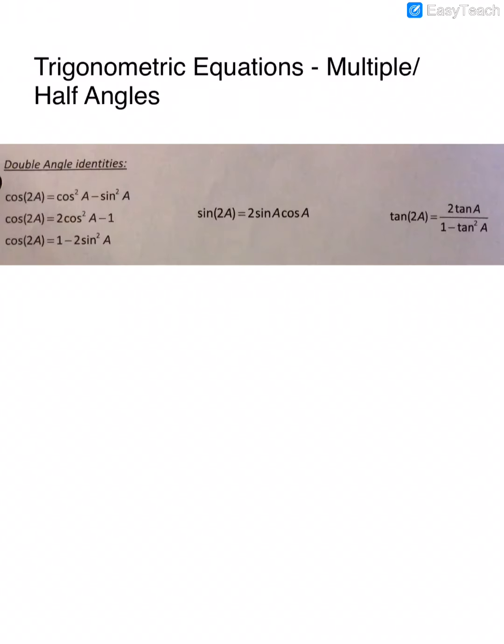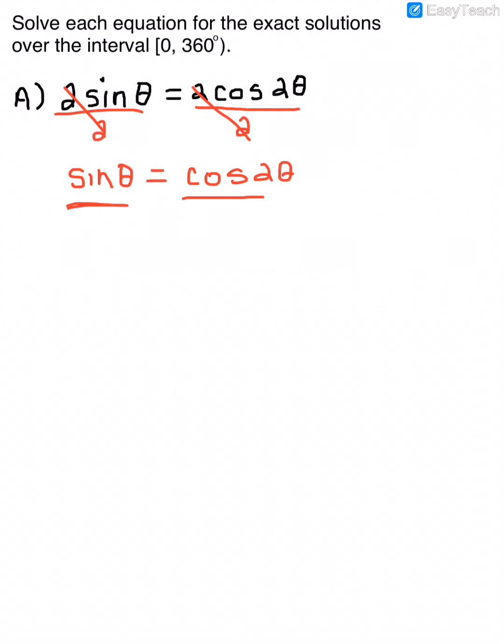So I'm going to use that double angle identity that has the sine in it. All right, so I'm going to replace cosine of 2 theta with 1 minus 2 sine squared theta.